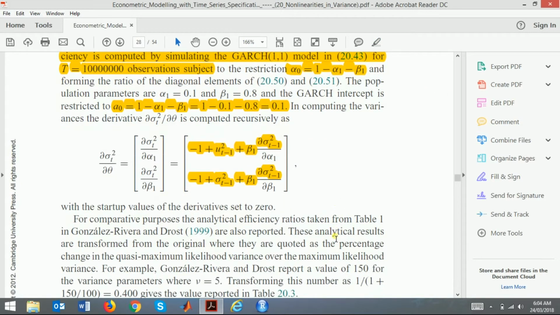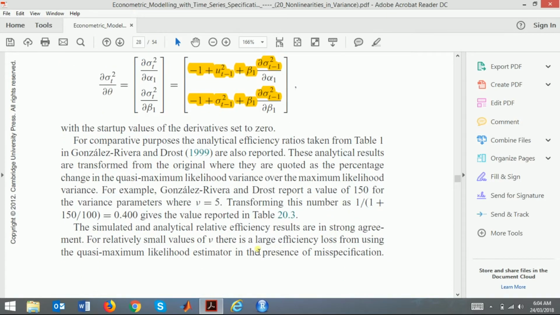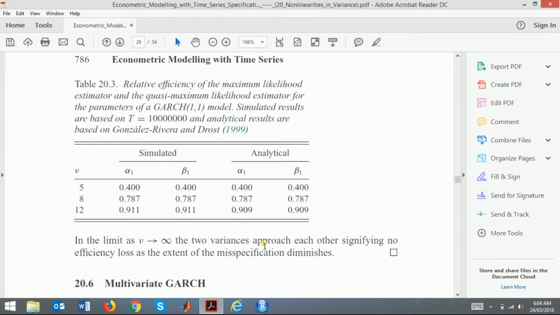So it's a loop. In 1991 they did that. Beta 1 simulated and analytical results are the same, just a bit different.